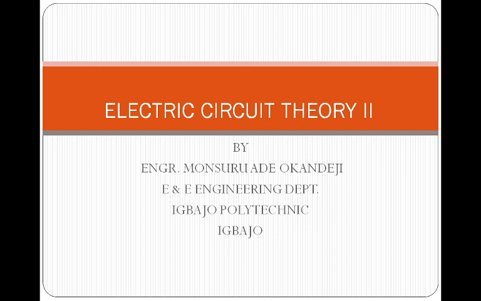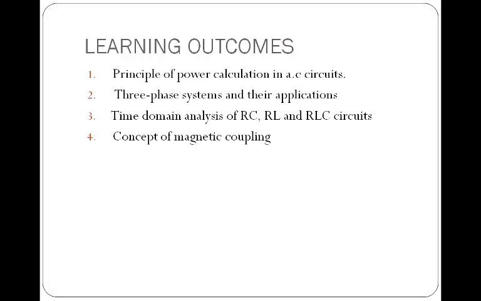Electric Circuit Theory 2 has the following expected learning outcomes. At the end of the module, students should master the following as the objectives. 1. Principle of power calculation in AC circuits should be well understood. 2.